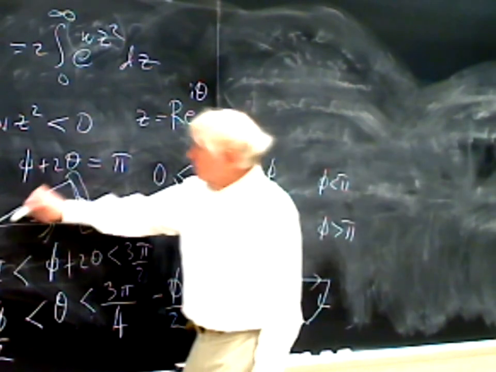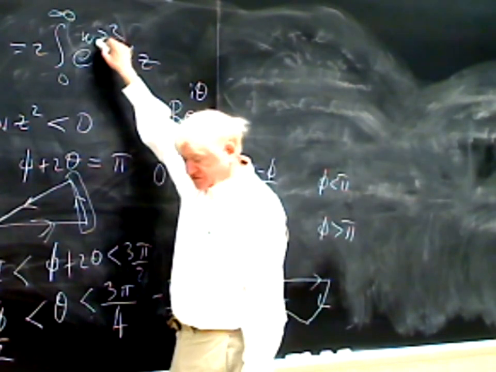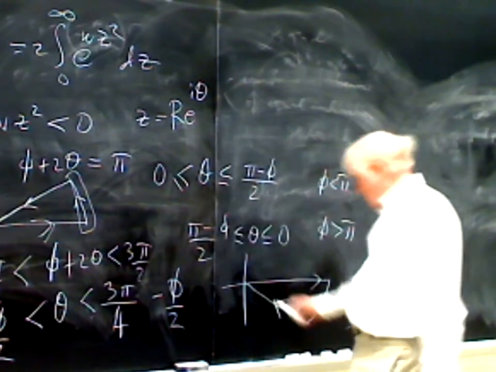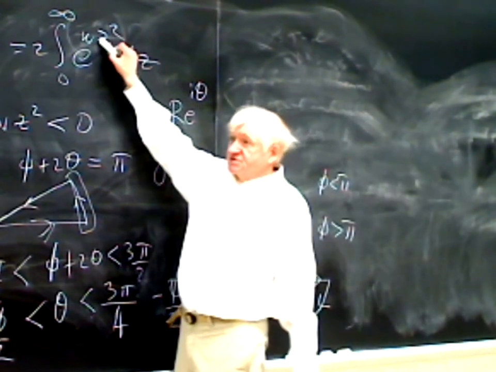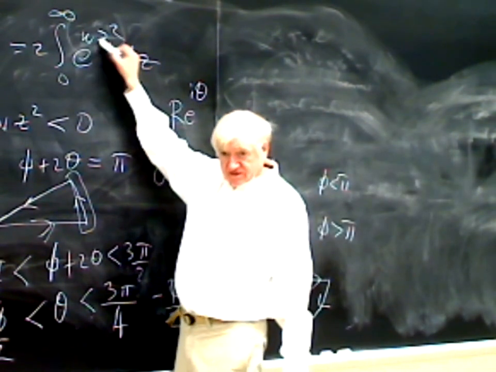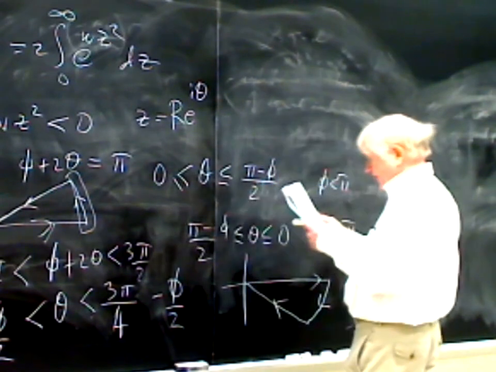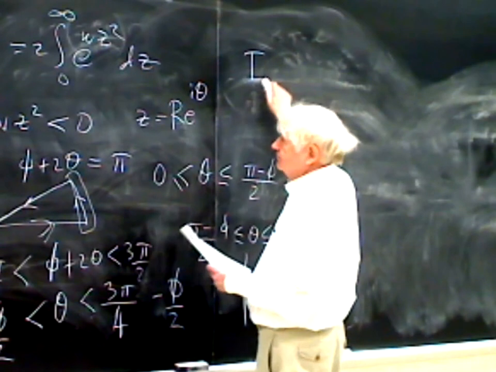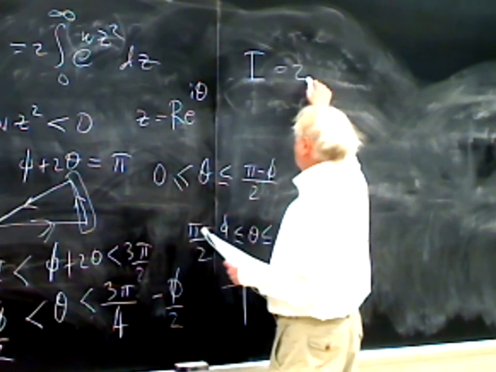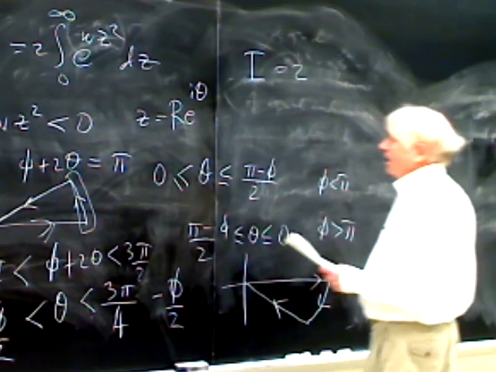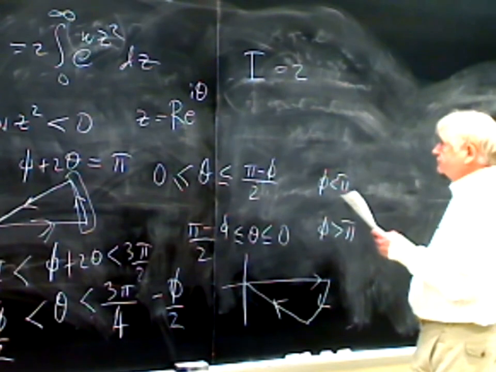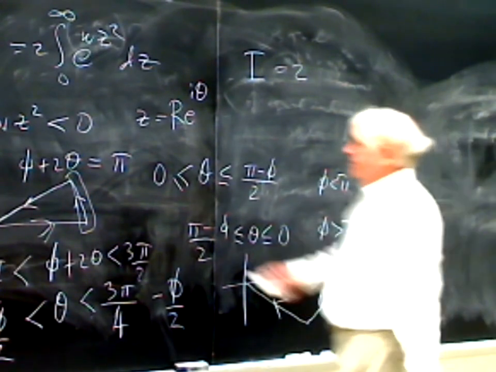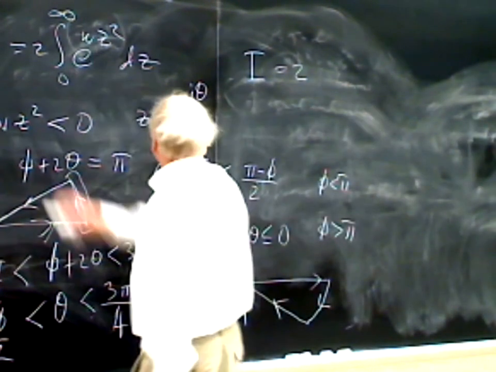But on this integral, that thing is negative. And on this integral, wz squared is negative. And so the thing we want, I, is, or rather, this integral is I over 2.